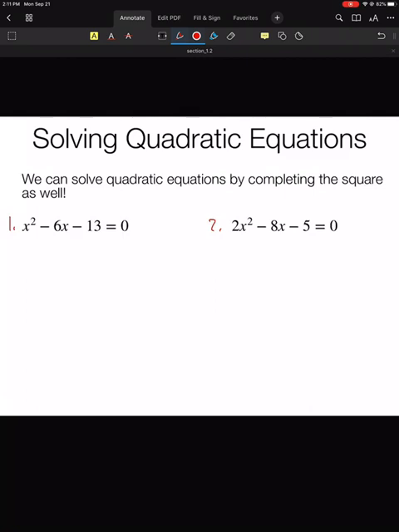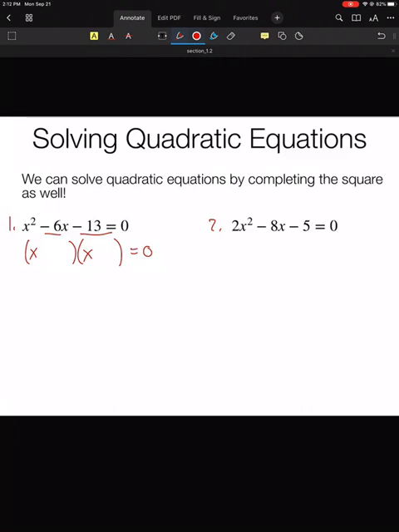Your first thought should be to ask yourself, can I factor this and then use the factoring method that we discussed in the previous slides to solve this equation? The answer is maybe. I can if I can find two numbers that multiply to negative 13 and add to negative 6.